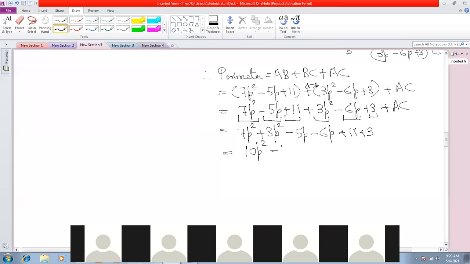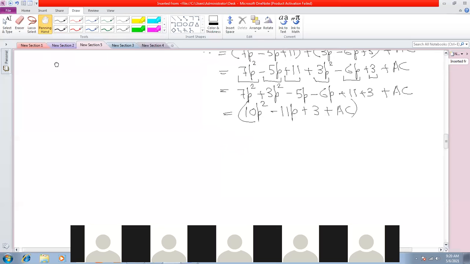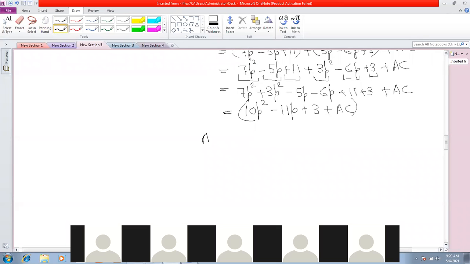Minus 5 minus 6 gives minus 11p. And plus 3, and of course I forgot to write AC here, so AC is always there. So this is the perimeter. But according to the problem, what is the perimeter given?